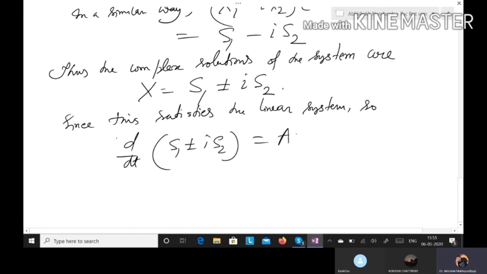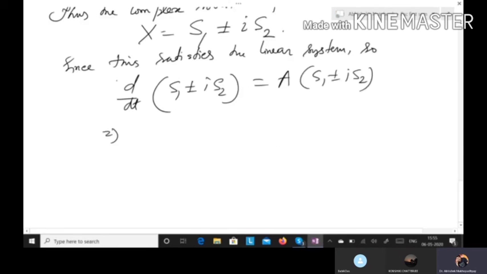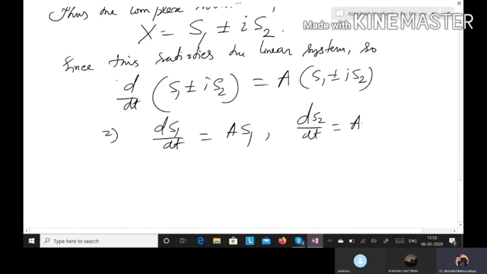So that means, just equating the real and imaginary parts, we will have ds1/dt is going to be As1 and ds2/dt is going to be As2.